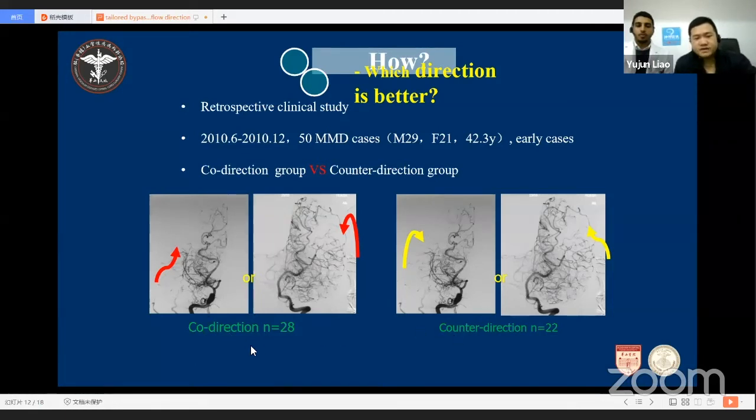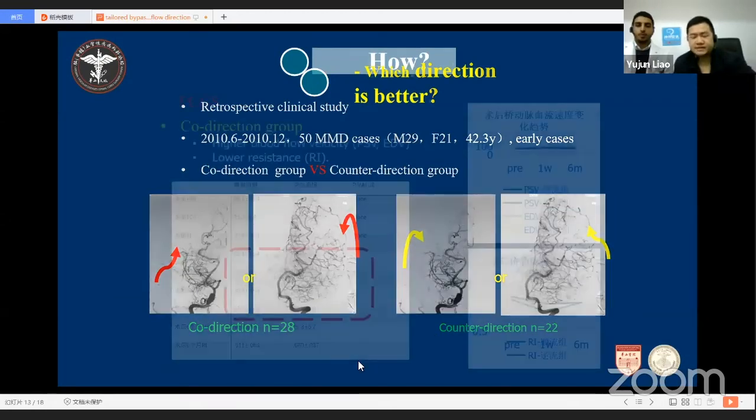The co-direction means the bypass flow goes in the same direction as the initial blood flow in the MCA territory, and the counter-direction group means the bypass flow goes in the opposite direction of the initial blood flow.